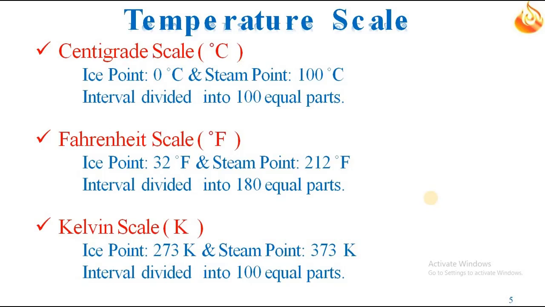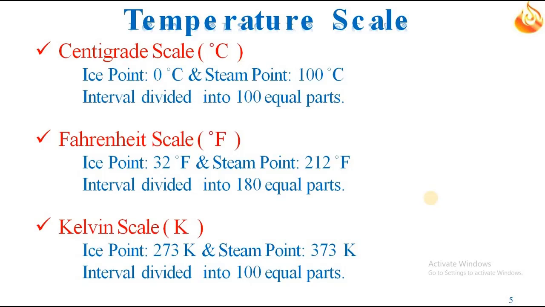Between these two markings, the freezing point and the boiling point, they divided the region into 100 equal parts, and one part is now 1 degree Celsius. I think you have now understood how the scale has been designed, that is 0 degree Celsius to 100 degree Celsius.